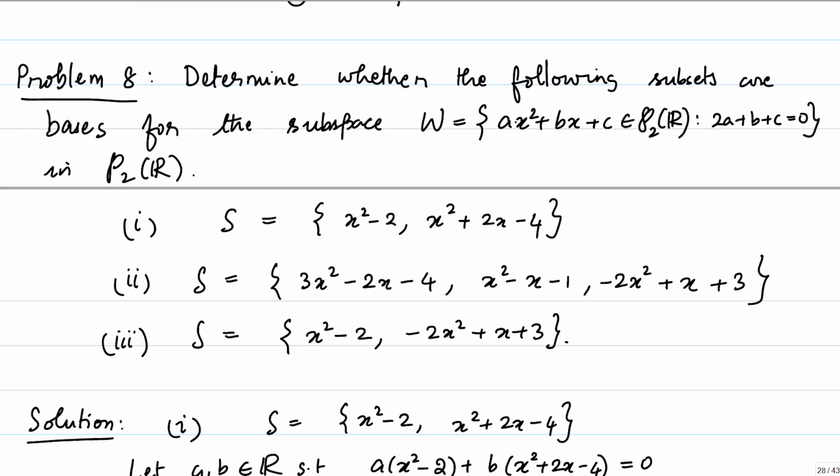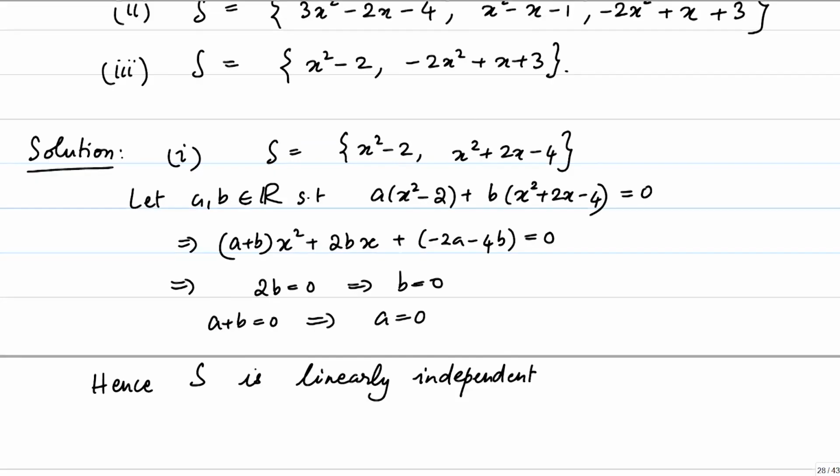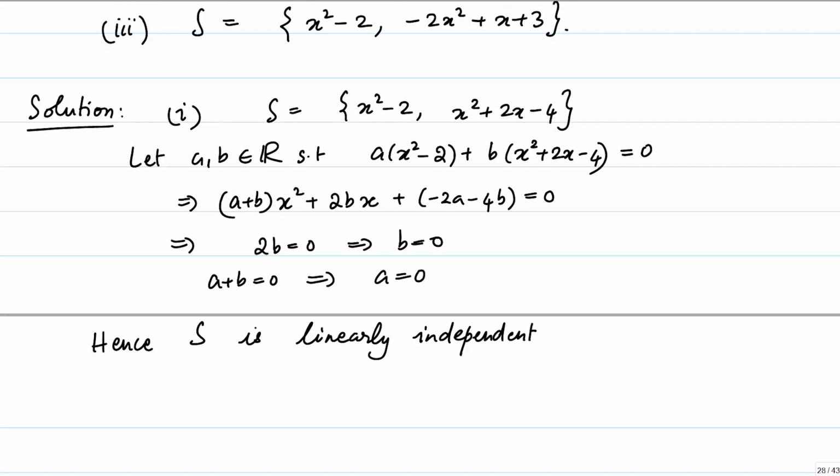So yes, in this case, let's check once more. x square plus 2x minus 4 will satisfy 2 plus 2 plus minus 4, which is 0. Yes, so this is a subset of W, and this argument is not disturbed at all. So let's go back once more and check line by line.